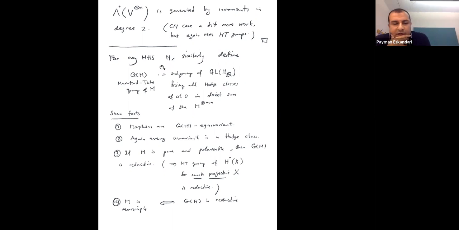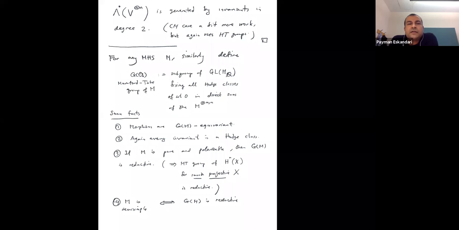pure Hodge structure, a Hodge structure of some weight. But in the mixed case, you could use the exact same definition. If I have a mixed Hodge structure M, you define its Mumford-Tate group, G of M, to be the subgroup of GL of the underlying rational vector space which fixes all Hodge classes of weight 0 in the direct sums of these objects.